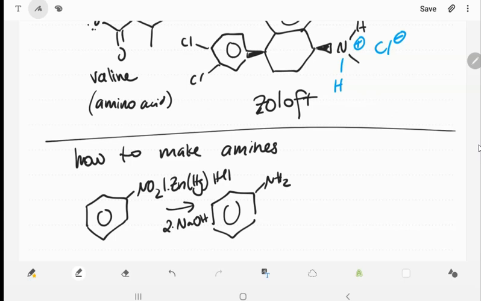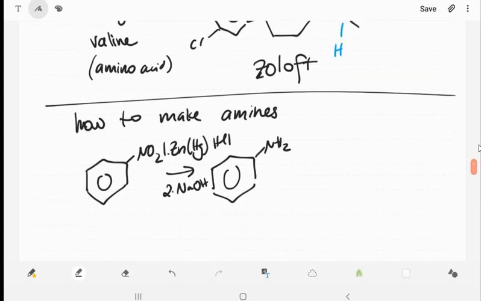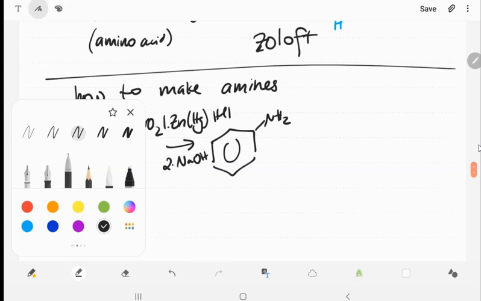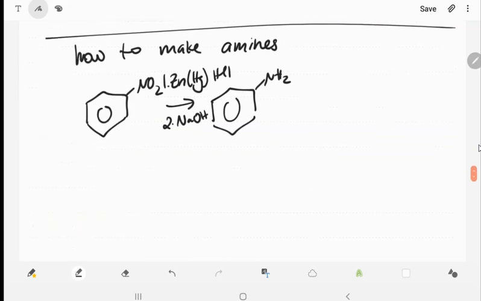We can reduce a nitro group to an amine. Something we've learned. But we don't quite know many others, do we? I'll give you a couple easy ones, ones that we're not going to worry about the mechanisms for so far.